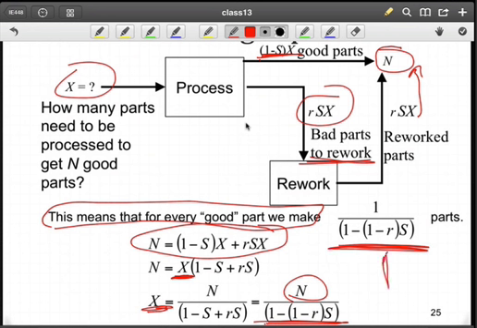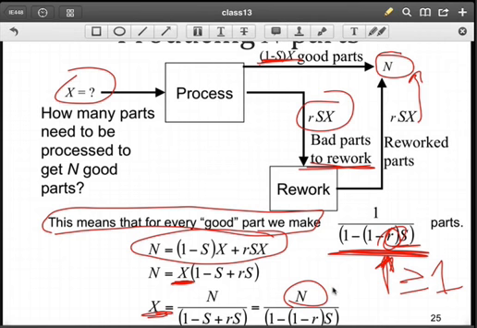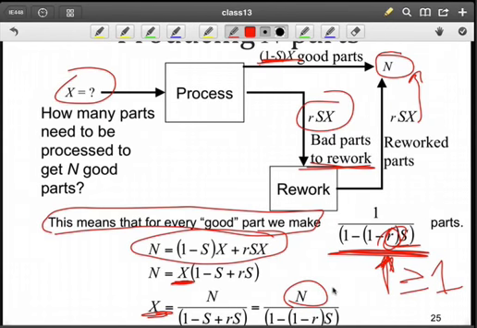So if you look at this ratio, just like 1 over (1 minus S), it's strictly greater than or equal to 1. So if R is equal to 1, what's going to happen here is that this will reduce to 0. 0 times S will be 0, and so we'll produce exactly one good part.